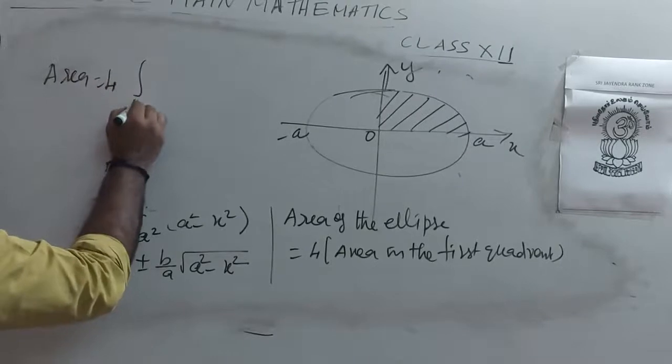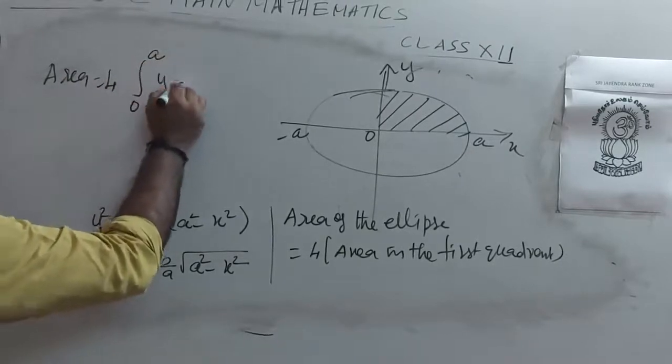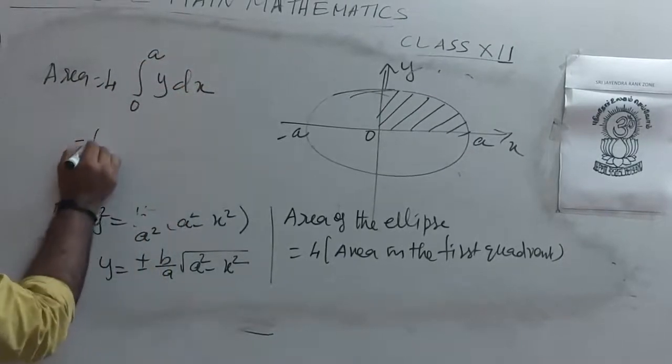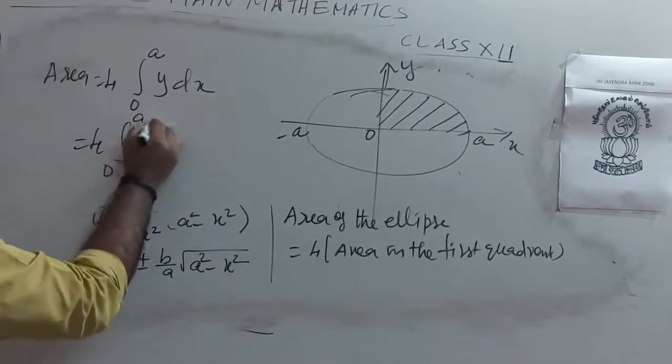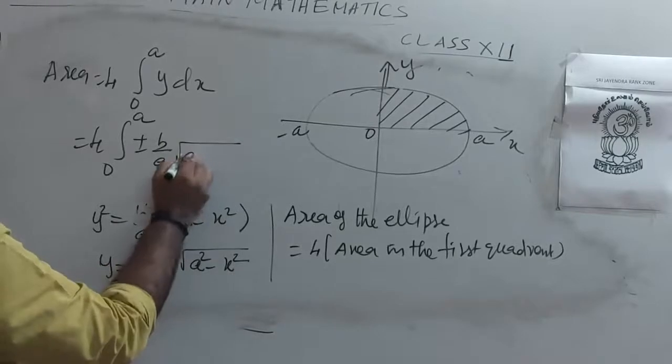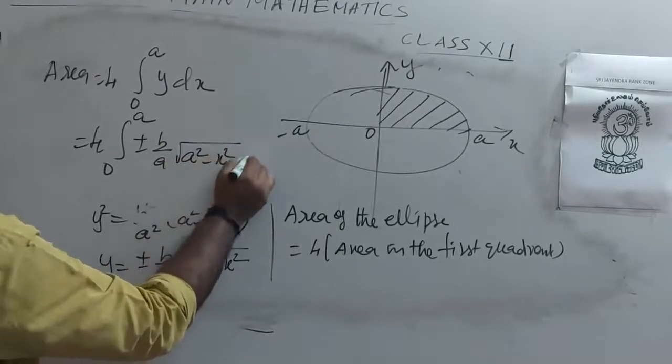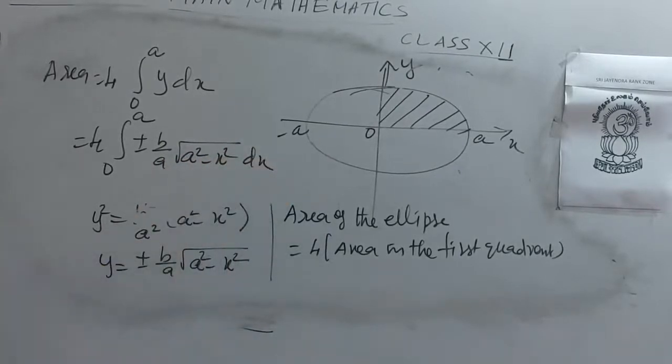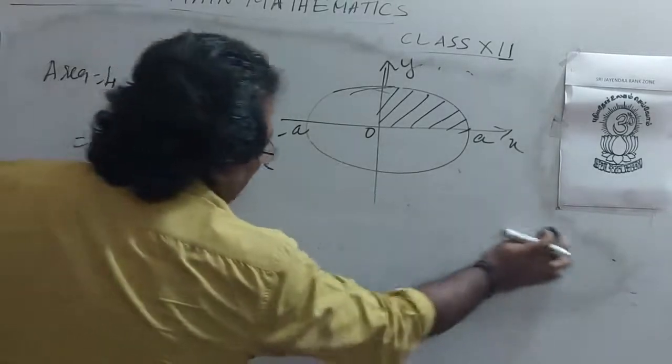4 into integral 0 to a y dx. In place of y take plus or minus b by a root of a squared minus x squared, into dx.